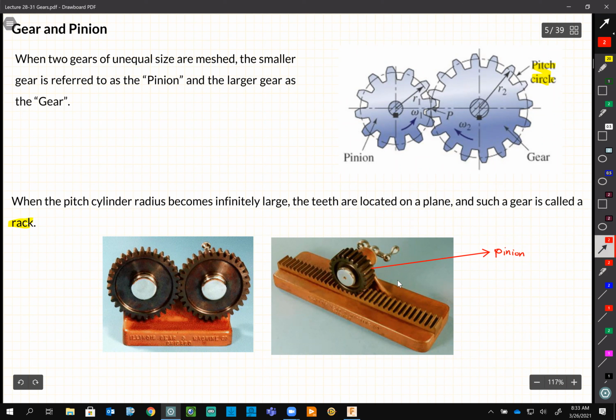And the large one, in this case instead of gear, some people call it a comb, or simply rack. Or it is a gear with a radius of infinity, or a very, very large radius. So every formula, everything will be the same, except now the radius for this one is infinity.